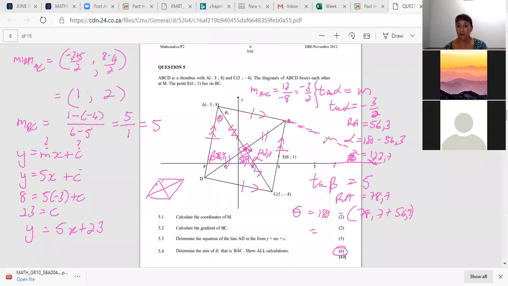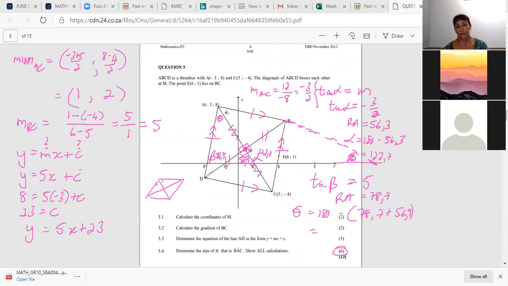Yes, clearly. Ma'am, so 5.4, if I decided to, because this is how, when I saw this question, this is how I thought of approaching it. We had a rhombus, so we know that we've got two sets of parallel lines. So we know that AB is parallel to BC. So then I saw that because of that, I could use the alternate angle to say that BAC is equal to ACB.